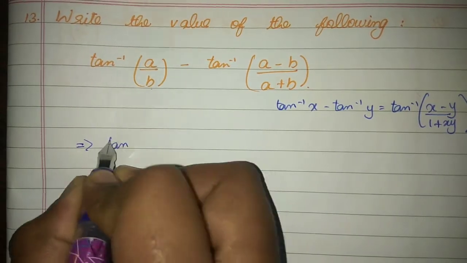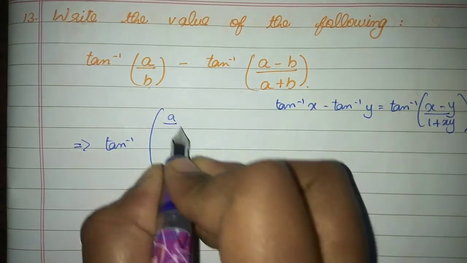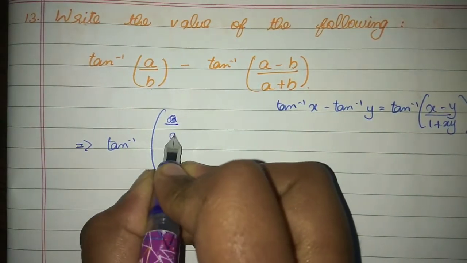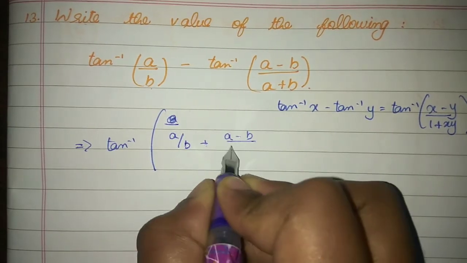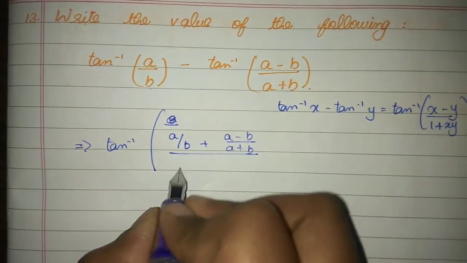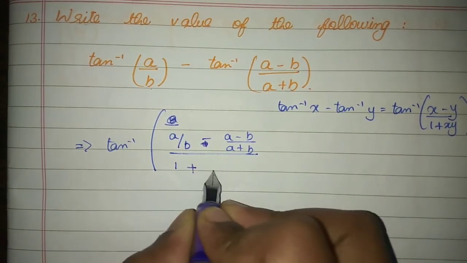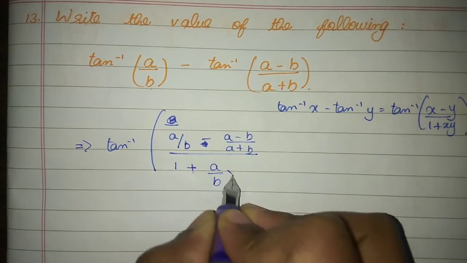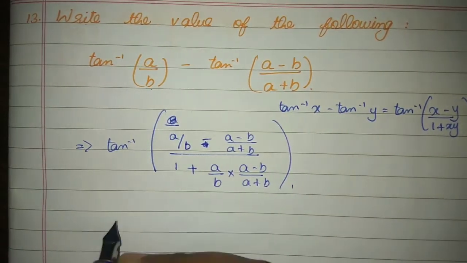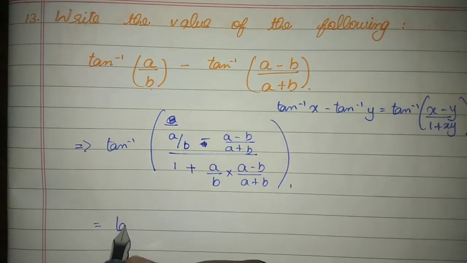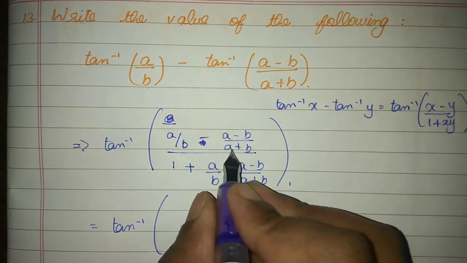So tan inverse of, what is my x here? X is a, let me have it here. A divided by b plus a minus b by a plus b divided by 1. Sorry, this should be minus. And here it will be plus a by b into a minus b by a plus b, which is equal to tan inverse of, I will take LCM here.